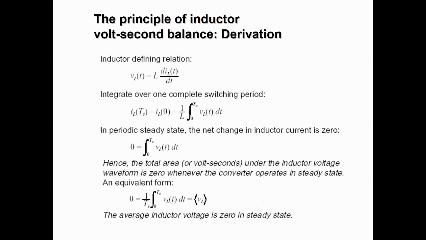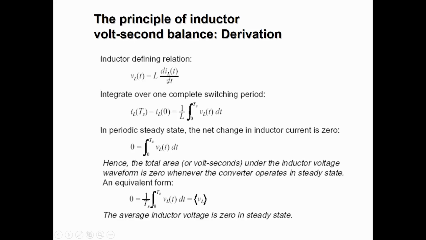What is inductor voltage second balance? What is actually the principle of inductor voltage second balance? It states that in steady state the net change in the inductor current is zero. So we can say that the equation of inductor voltage is VL equal to L dIL divided by dt.